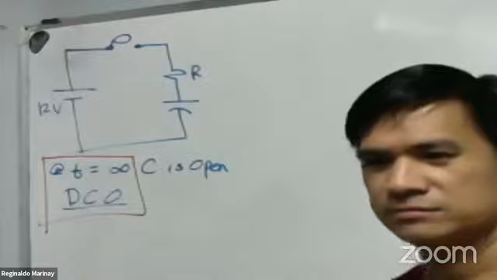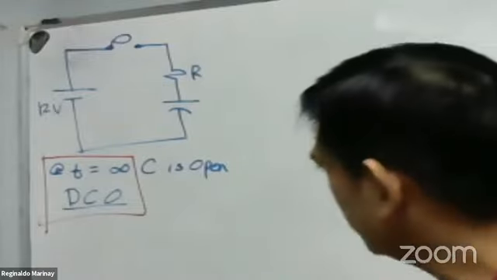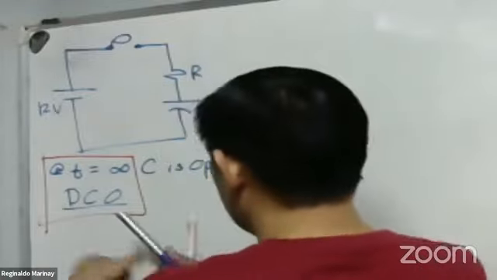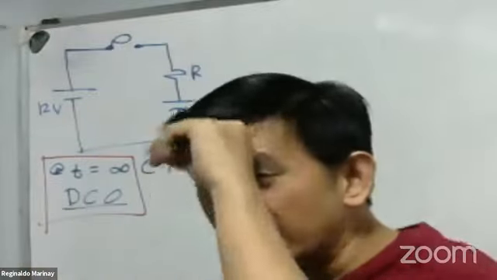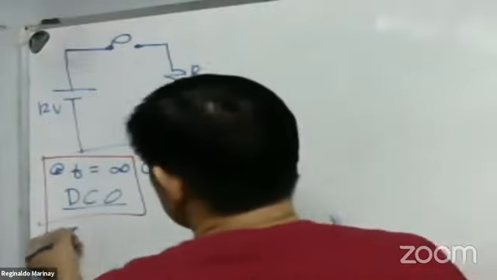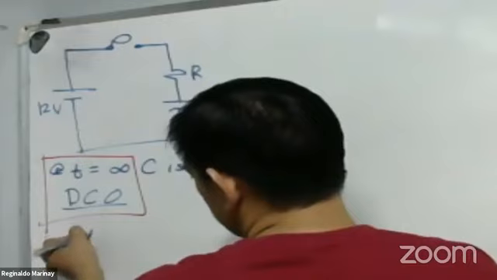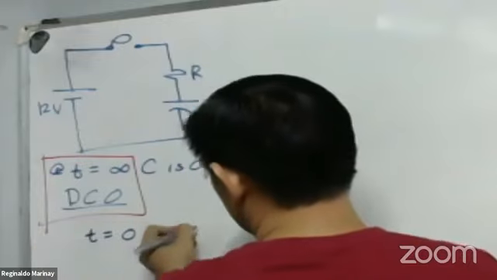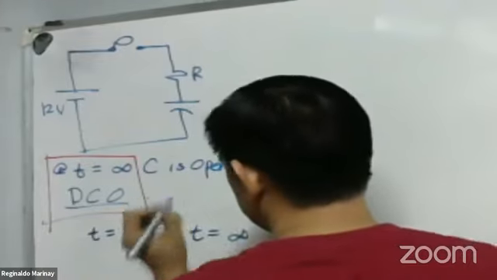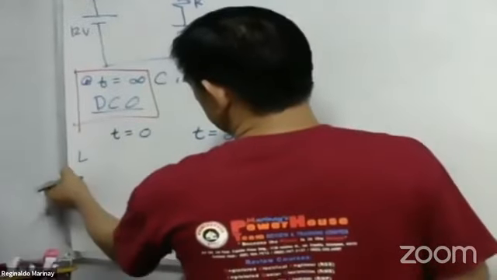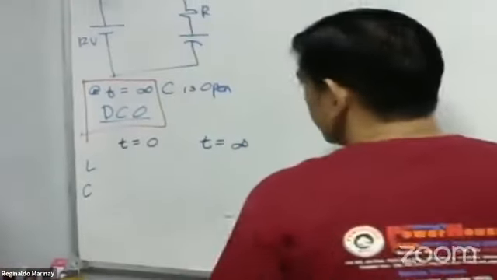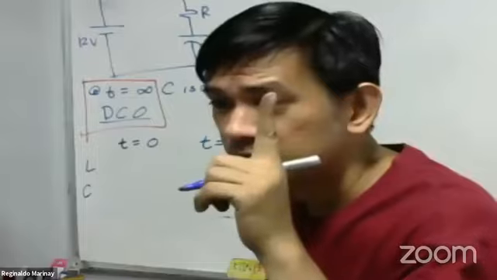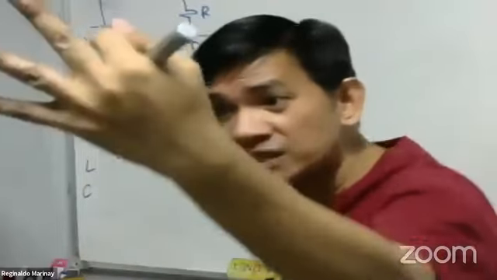I will memorize everything. What does it mean? Let's summarize from earlier. Okay, I will make a table. T is equal to 0. So this is L, this is C. But I only remember one thing, and automatically I will remember the three things.